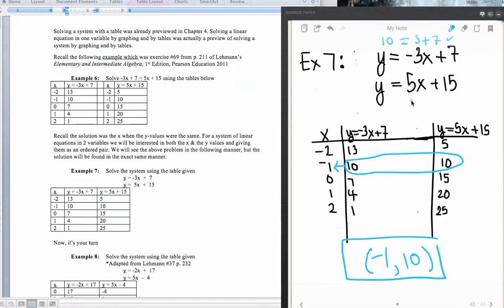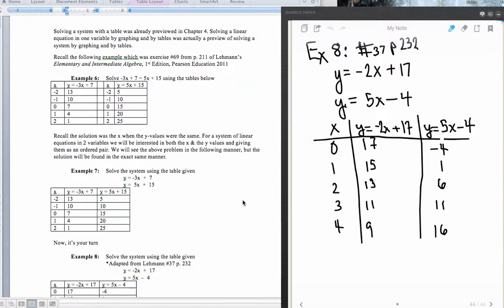And here we put -1 in here, so we have -5, and this is plus 15. And then we're asking if that's equal to the y value, which is 10, and 10 equals 10, which is a check. So that is showing us exactly what we need it to be.